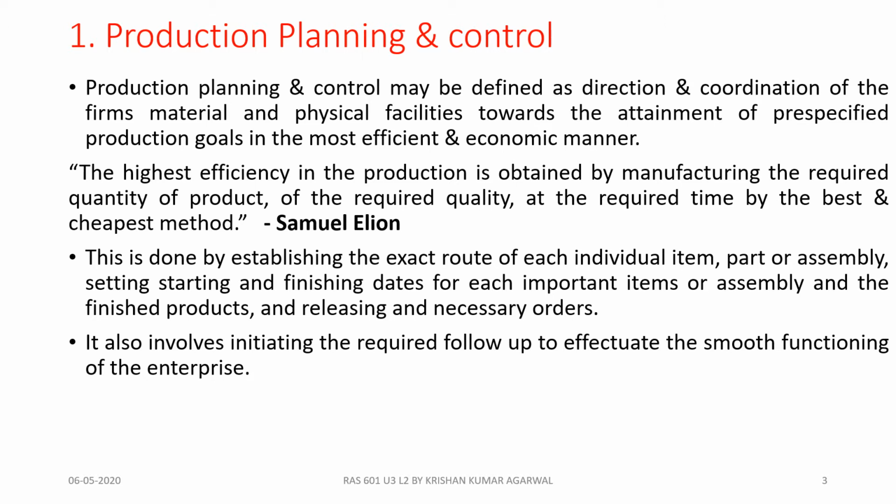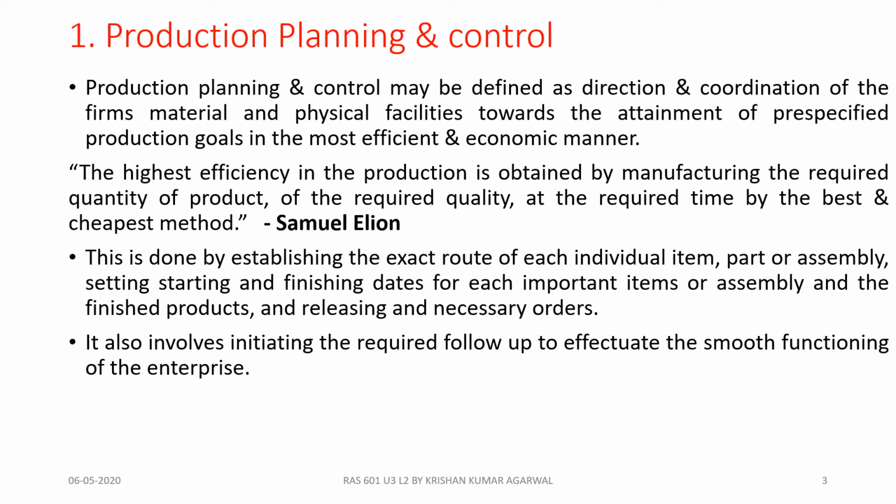As the name suggests, production planning and production control may be defined as the direction and coordination of the firm's material as well as other facilities towards the attainment of prescribed production goals in the most efficient and economic manner. Basically, production planning is nothing but planning the activities that are carried out during the production of a good.